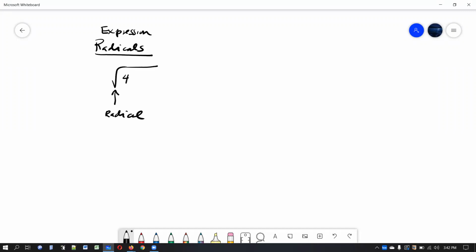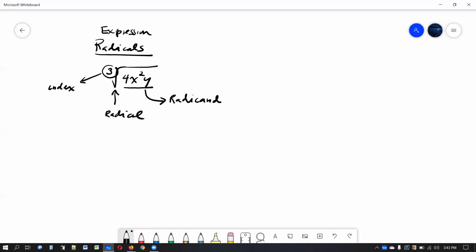For example, let's say 4x squared y. The expression inside the radical is called the radicand. And outside of the radical, there may be a number, 3, for example. And this number is called the index.